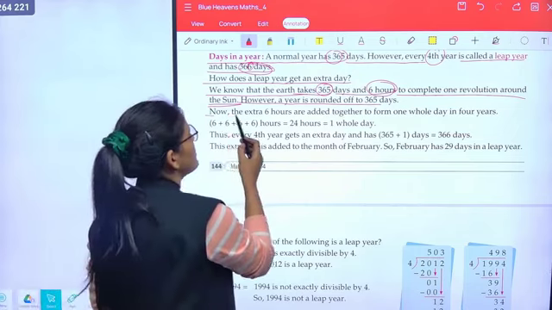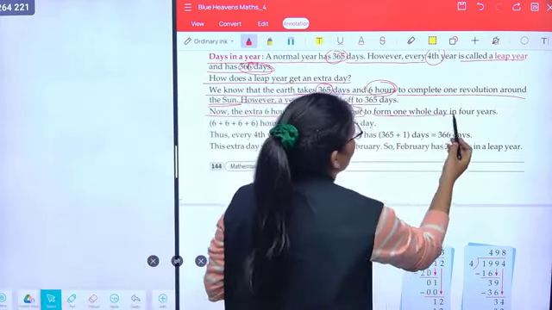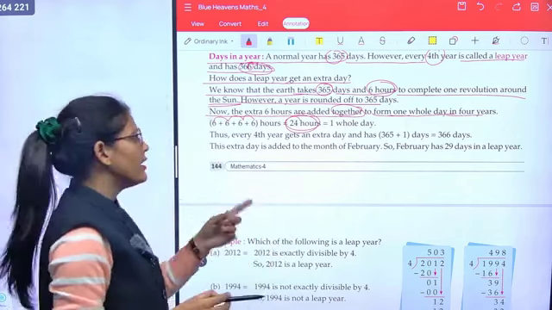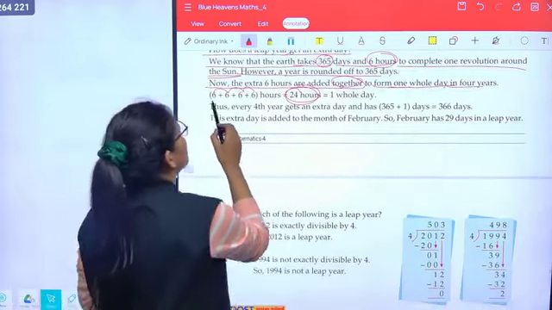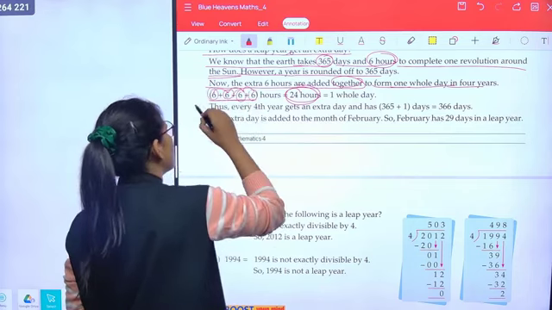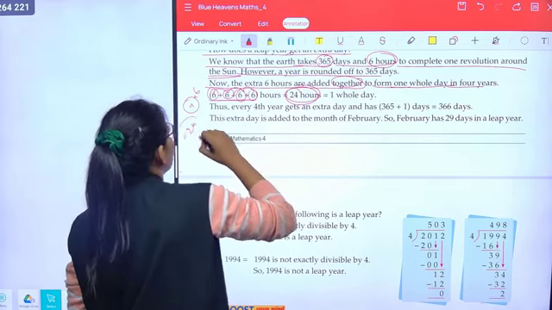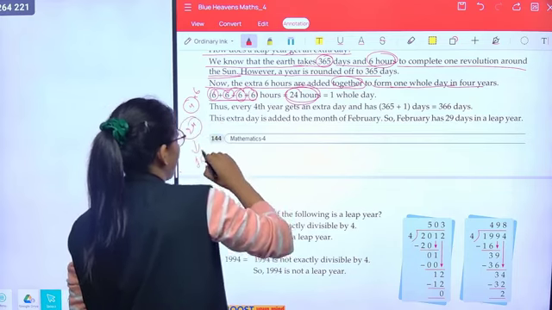Now, the extra 6 hours add together to form one whole day in 4 years. 6 plus 6 plus 6 plus 6 is equal to 24 hours. It means one whole day. So 6 hours in year 1, year 2, year 3, year 4 together make 24 hours, which means one day.